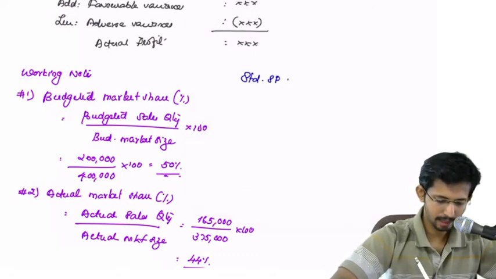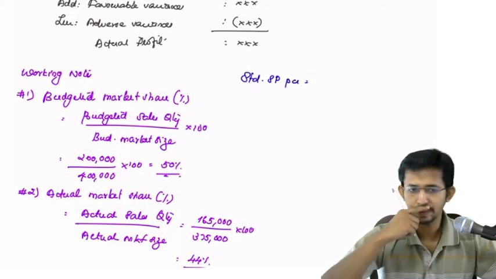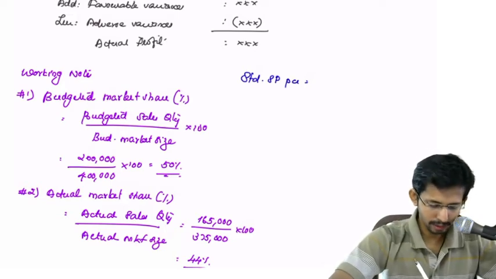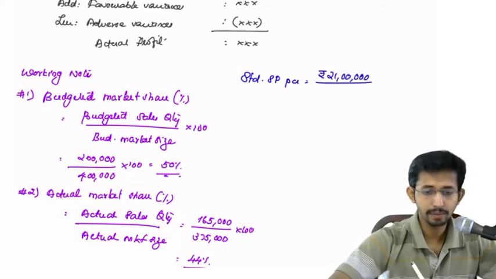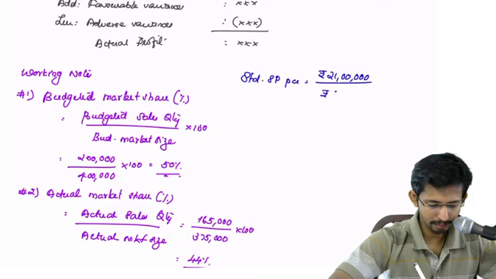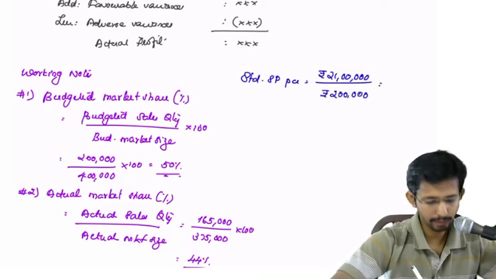Standard selling price per unit is equal to how much? The total sales value is 21 lakhs divided by 2 lakh, the budgeted production and budgeted sales. So that is equal to 10.50 rupees.